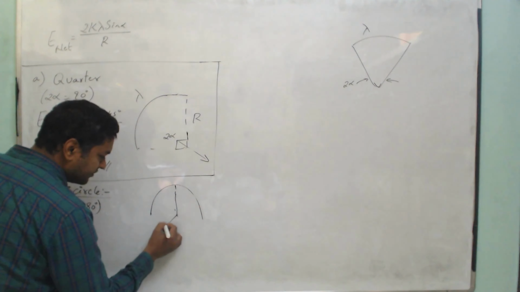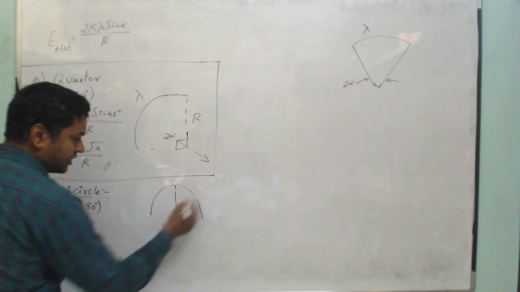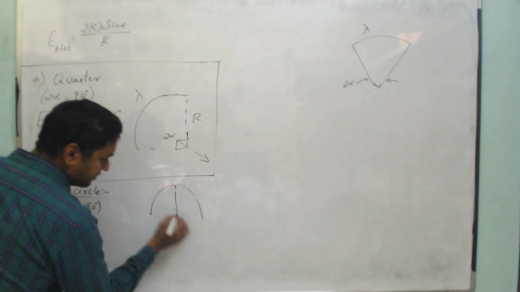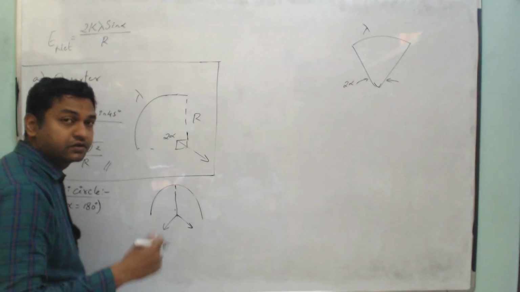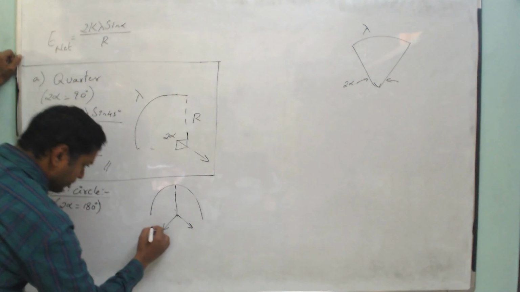And this one will have k lambda root 2 by r as its angular bisector, and this one will have k lambda root 2 by r. Now we have to add.